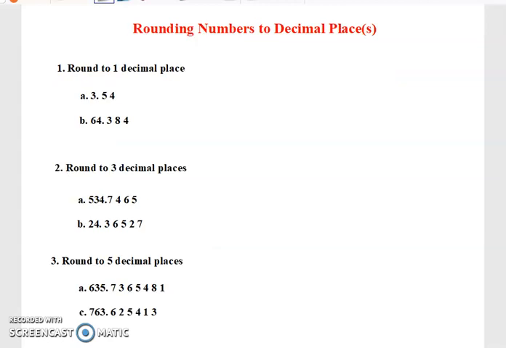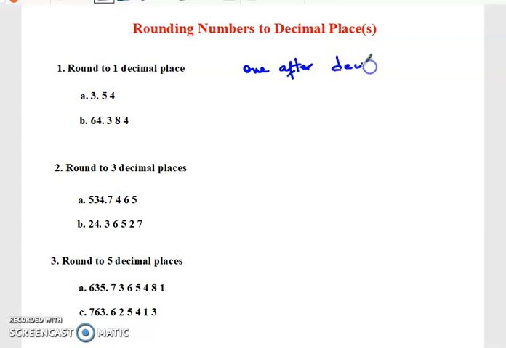Now let's look at some examples. So, rounding numbers to decimal places. Number 1 says round to 1 decimal place. 1 decimal place basically means that you'll only have one number after the decimal point.